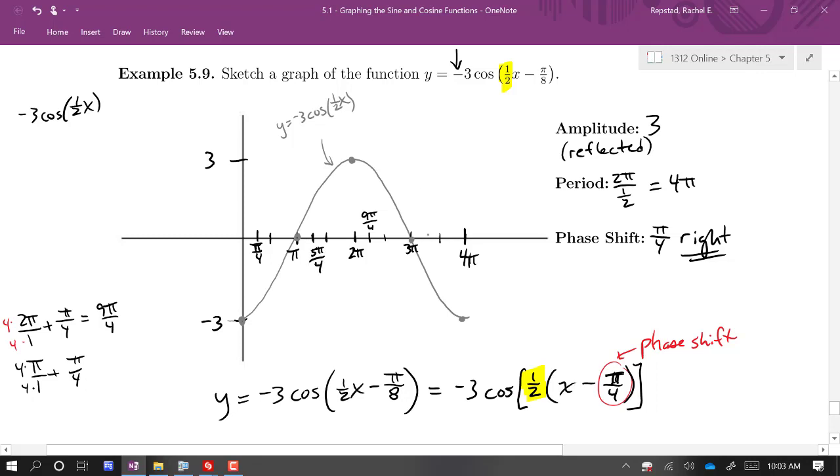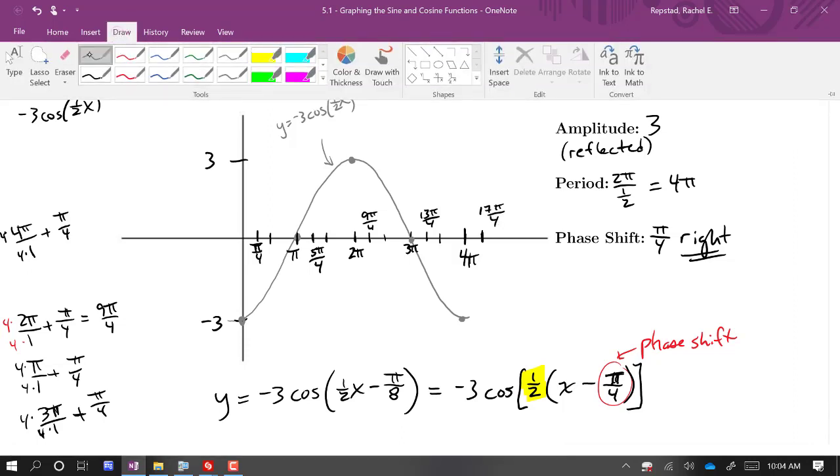And then after 3 pi, getting a common denominator, that's 12 pi over 4 plus pi over 4 is 13 pi over 4. And then one more, 4 pi over 1 plus pi over 4. Getting a common denominator, 16 pi over 4 plus pi over 4 is 17 pi over 4.